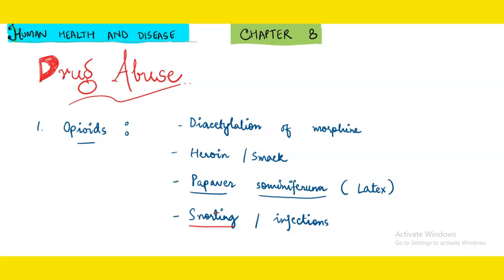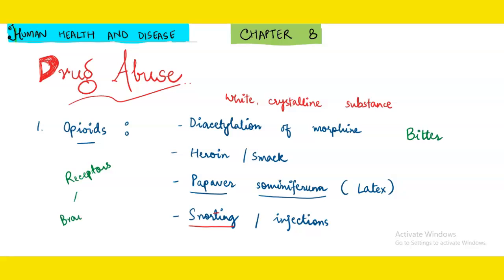How does it look? It appears as a white crystalline substance. And if a question comes like what is its taste, then you need to learn it is bitter. Now, very important: these must bind somewhere in our body, so there should be receptors in our body, and only then will our body recognize it.